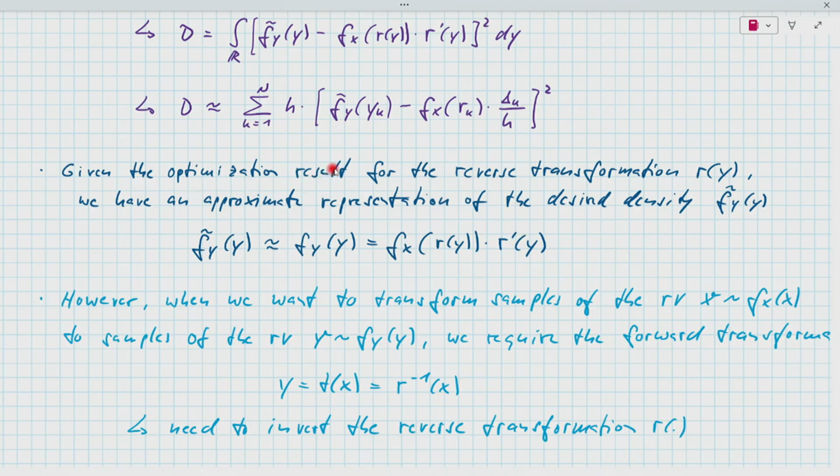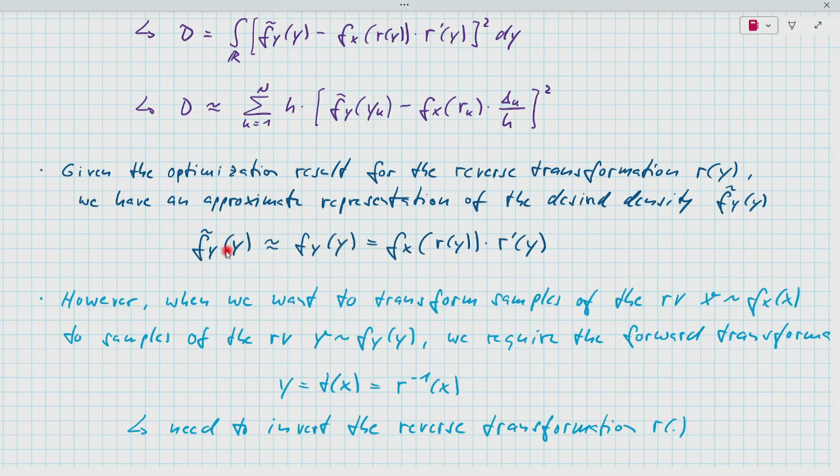But what we get is, when we have the reverse transformation, we can now explicitly write down an approximate representation of this desired density f y tilde of y. That's here. So we now get an approximation, depending on how fine we do the discretization, and we can write it down explicitly. Now we can evaluate this desired function by plugging in values here, for example.